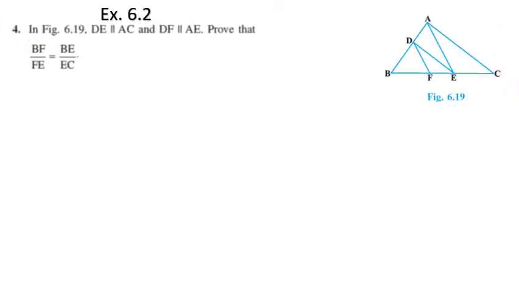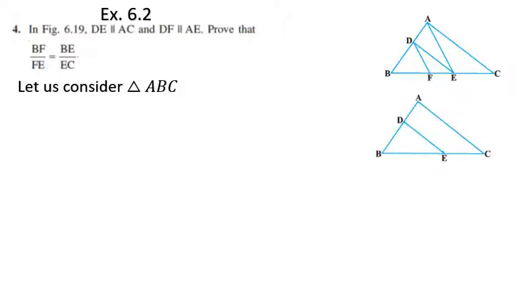Now question number 4. In the figure, DE parallel AC and DF parallel AE. Prove that BF by FE is equal to BE by EC. For that, let us consider triangle ABC.